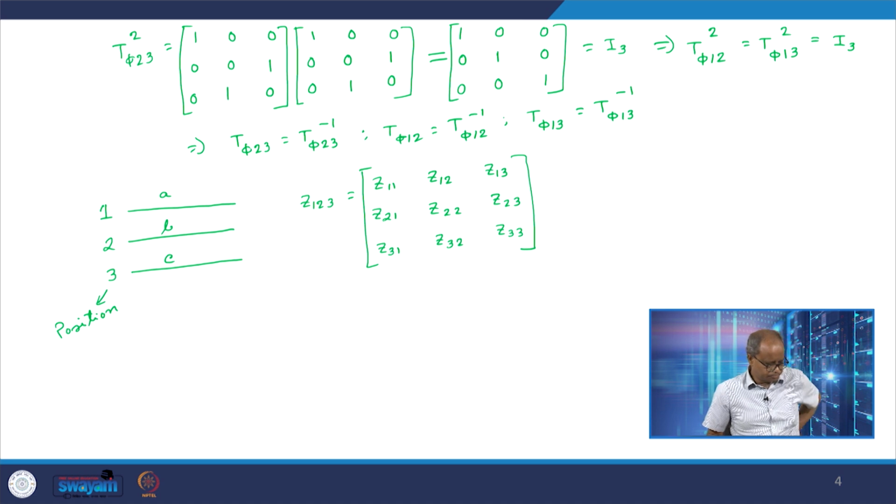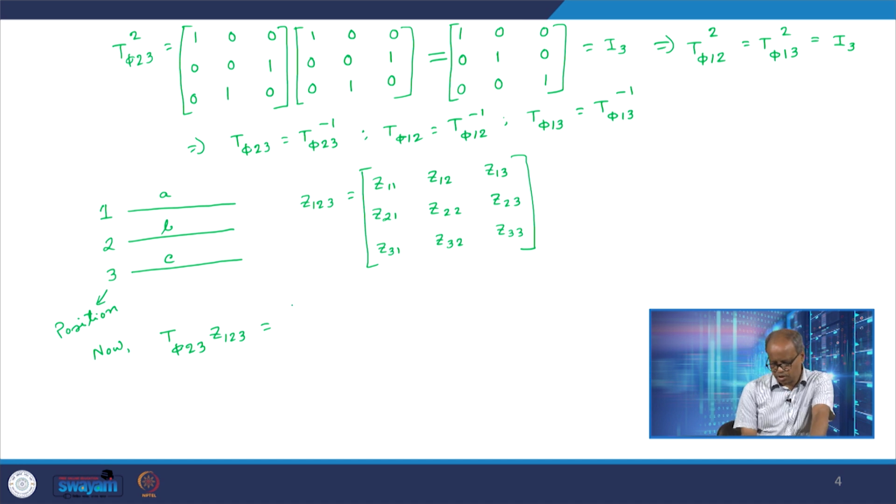Now, if I do a pre-multiplication, T phi 2 3 into Z 1 2 3, what happens? What happens if I do this operation?